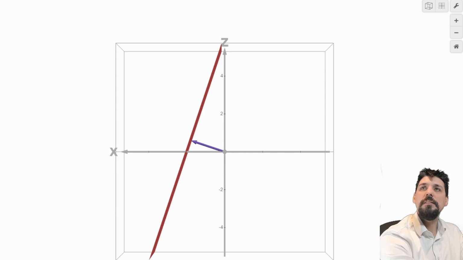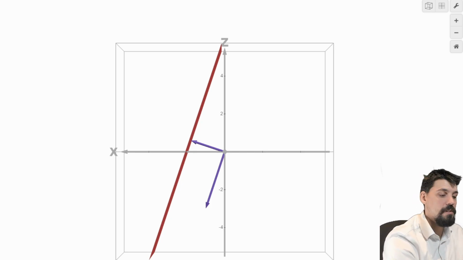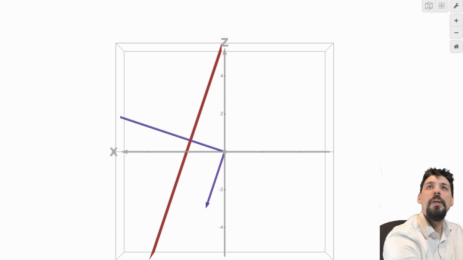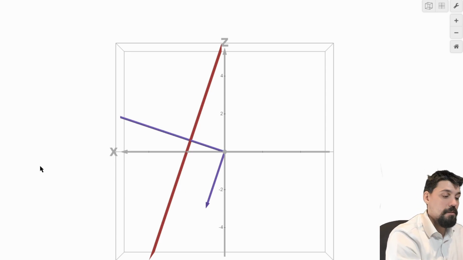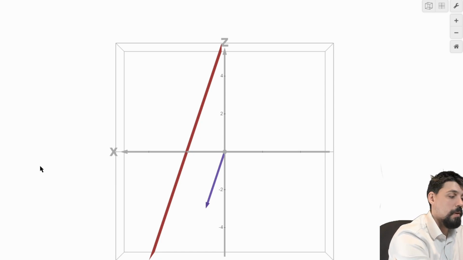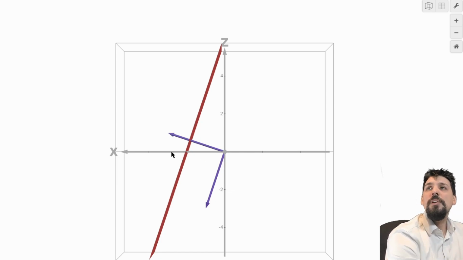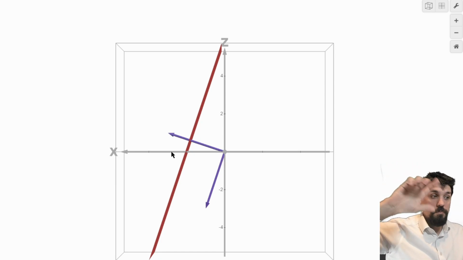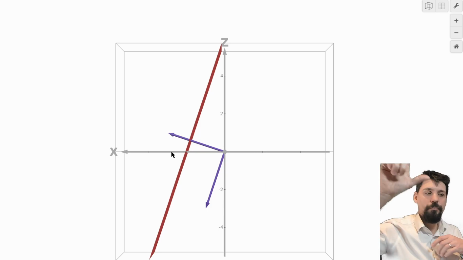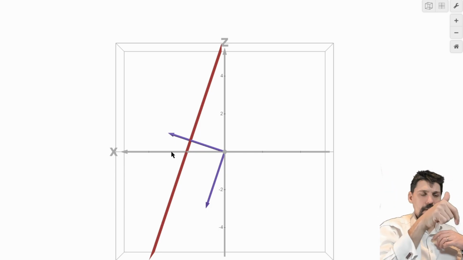Now to do that, we could just rotate its vector. They're different sizes now because I've resized that one. Let's unresize that one. Only really the direction matters to me. So one thing we could do is just, pure geometry, rotate it round.